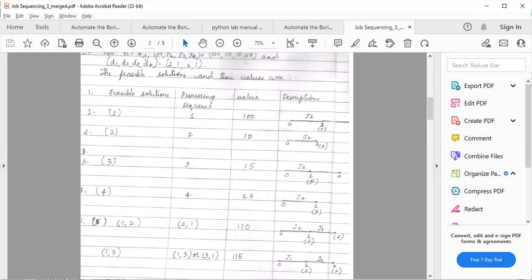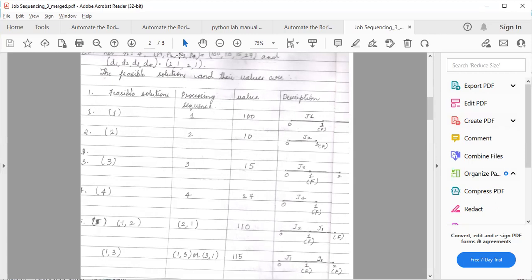In the sense, I tell you as a whole, what this problem indicates is we have 4 jobs. If job 1 is going to be completed within a deadline of 2, a profit of 100 is going to be earned. If job 2 is going to be accomplished within a deadline of 1 unit of time, then we are going to earn a profit of 10.